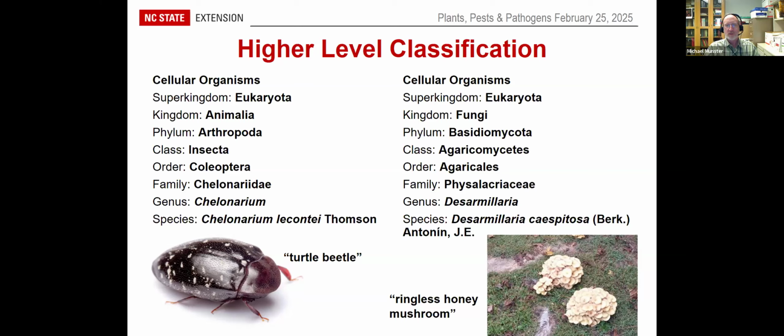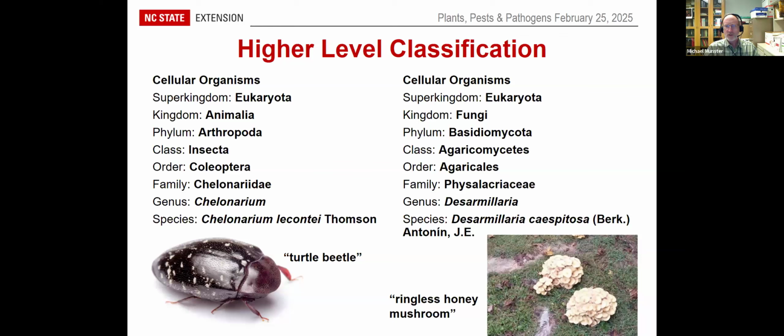One of the things you would see there would be those that have gills on the underside. The family Physalacriaceae, genus Desarmillaria. I'll talk later about why names change, because you may have known this fungus as Armillaria tabescens, but now it's Desarmillaria tabescens.